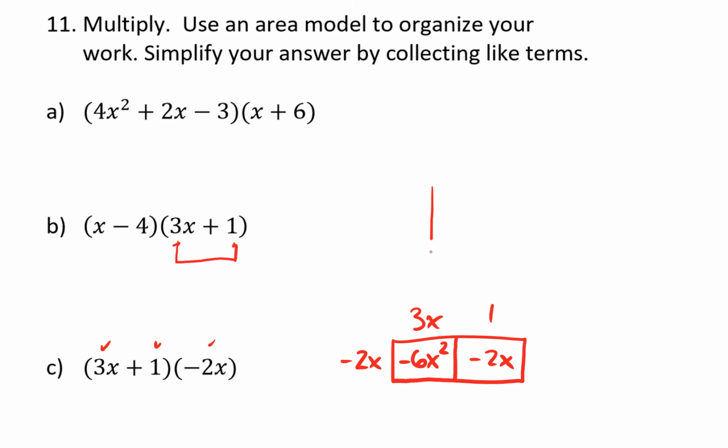So if I'm going to build an area model for this, I'm going to have a 2 by 2 grid this time. Across the top I might write 3x and then plus 1, and then on the left I might have an x and then a negative 4. If I fill in each of these parts, it's pretty simple, because it's just length times width. Let's see if I can do this carefully this time. In the upper left hand box I've got an x times 3x, which would be 3x squared.